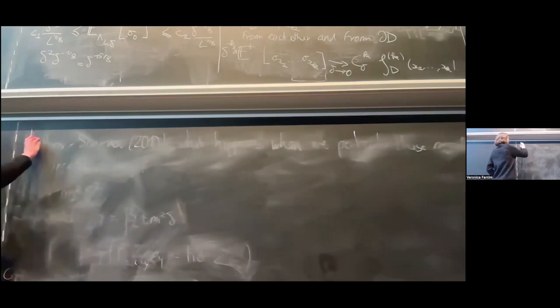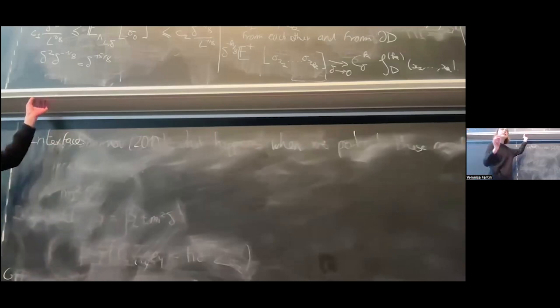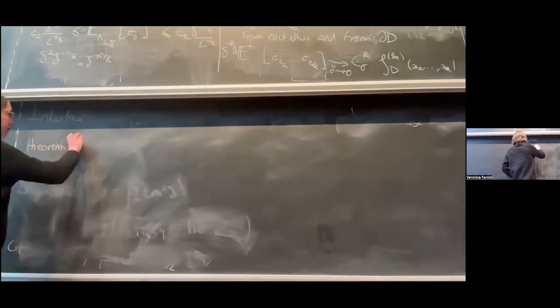Okay, now let's look at the interface. Remember that on the lattice, when I have this Dobrushin boundary condition, I deterministically have an interface. What I want to do is take the limit of this interface as delta goes to 0. The theorem is the following.